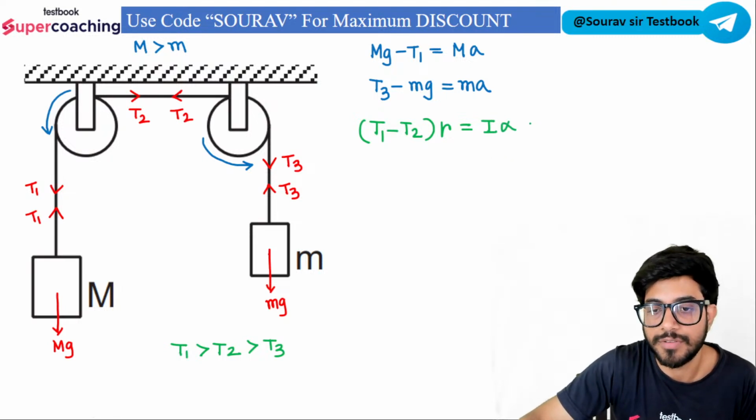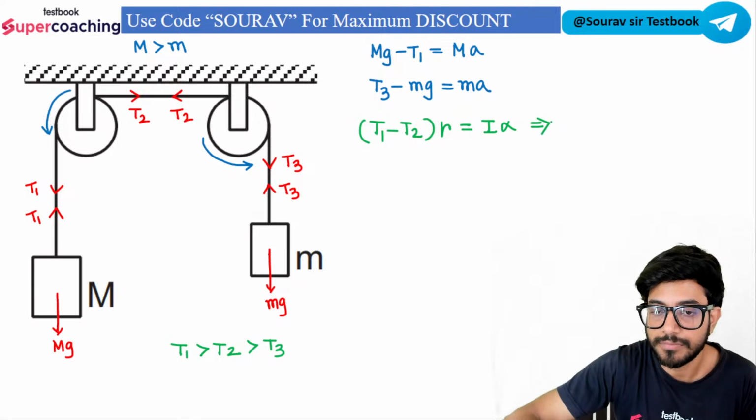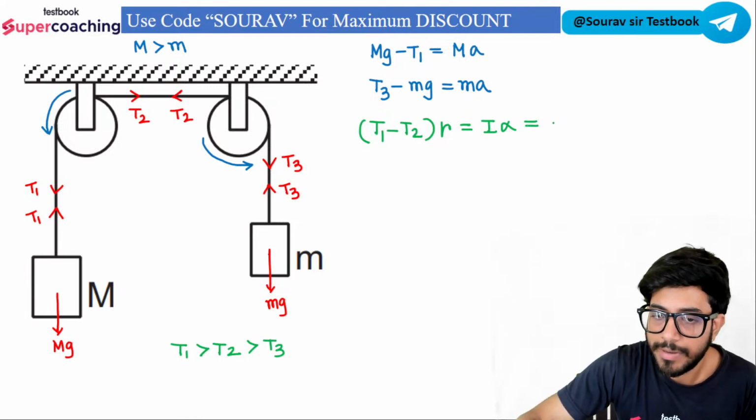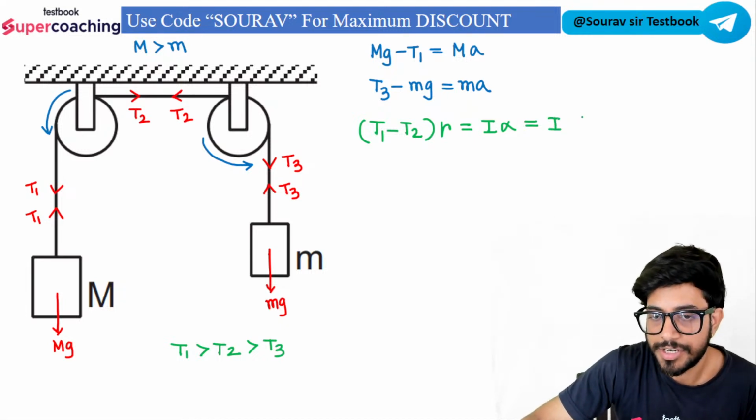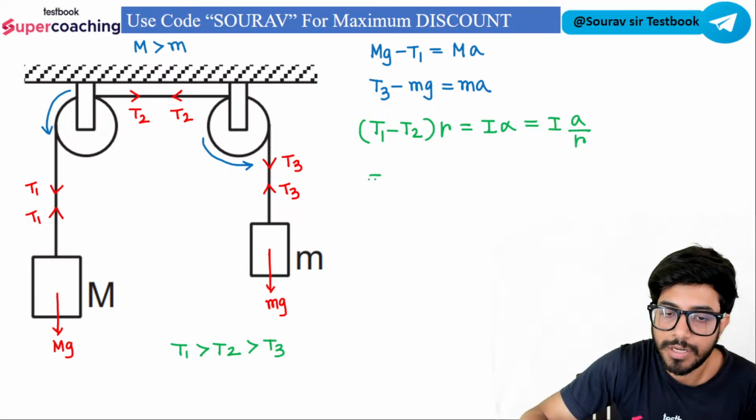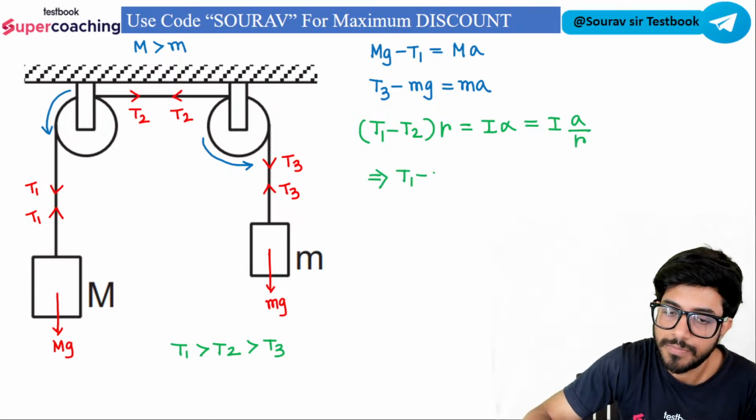From here I can say alpha can be written as acceleration A divided by R. So T1 minus T2 can be written as I A by R square.